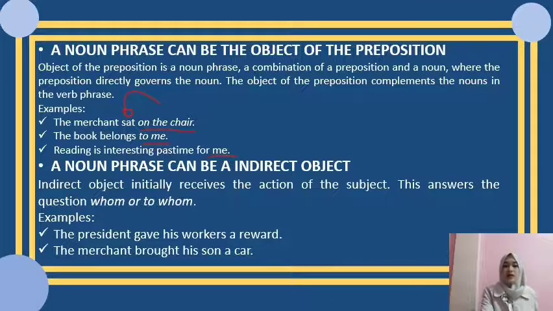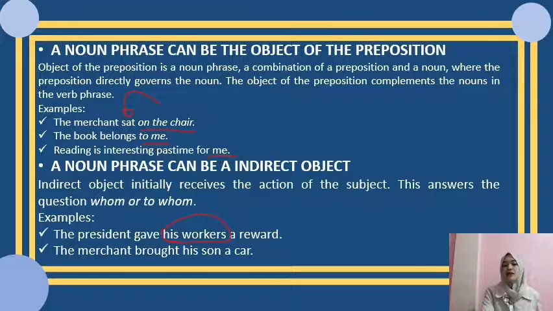A noun phrase can be an indirect object. An indirect object indirectly receives the action of the subject. This answers the question whom or to whom. The example is: the president gave his workers a reward. His workers is the indirect object here.